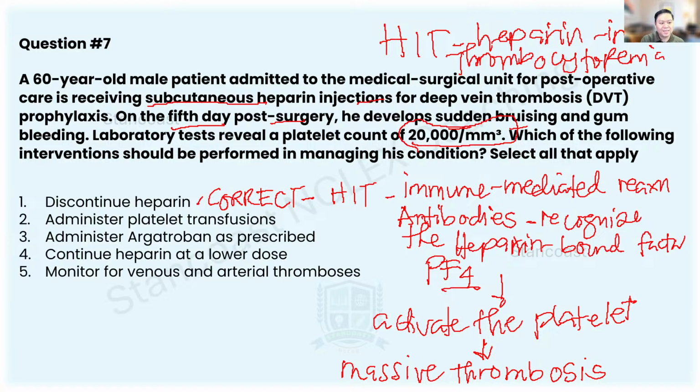All right. So we are going to do that. Now, what about number 2? Administer platelet transfusions. What did I say about the platelet transfusion earlier? Remember that when we give them platelets, this is incorrect. We're not supposed to give them platelets during the HIT because they can exacerbate thrombosis.